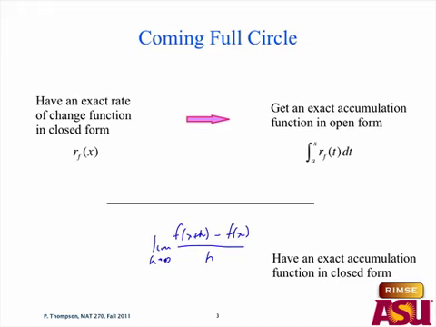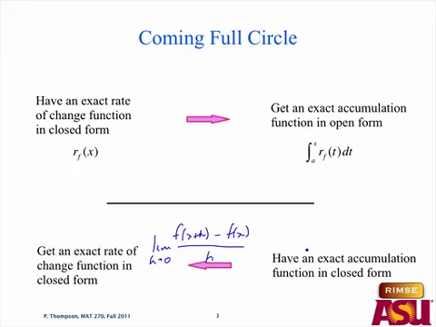And using the open form of rate from accumulation, we developed all these rules for closed form. And that was our mastery test, right? We came up with all these different ways to quickly generate closed form rate functions from closed form accumulation functions. So really on the left there, that's one and the same. Those are both closed form rate.